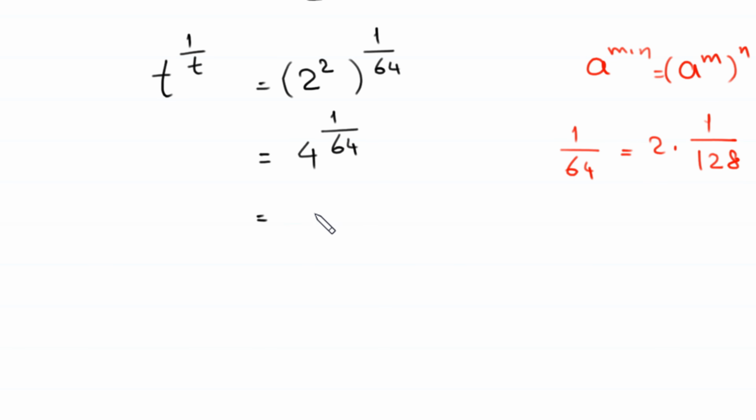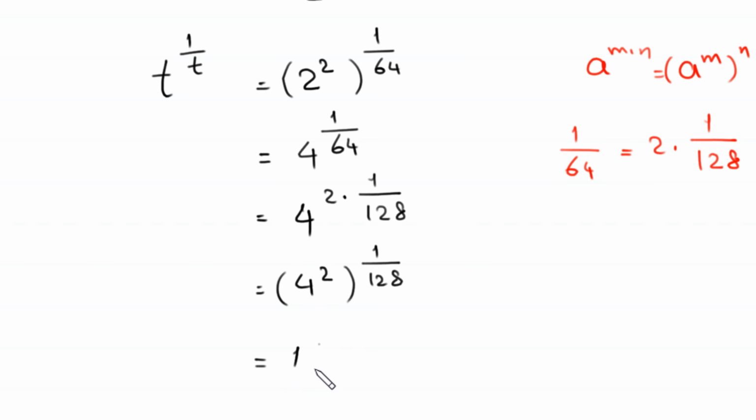So this will become 4 to the power 2 times 1 over 128, and by using this power rule, this can be written as 4 squared inside the brackets, and outside the brackets we write this power 1 over 128, and this will become 4 squared is 16 to the power 1 over 128, and at left hand side we have t to the power 1 over t.